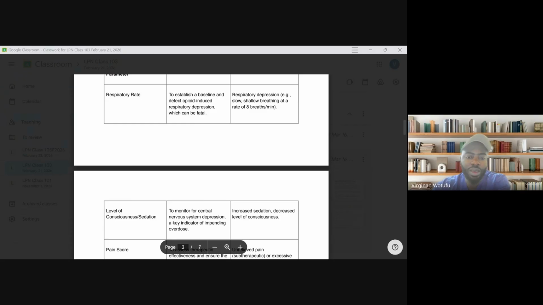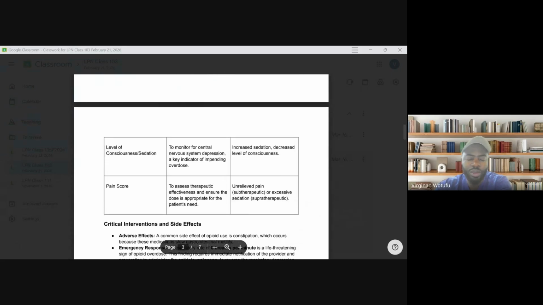And like I said earlier, you monitor for level of consciousness and sedation as well. And the pain score: since the medication is meant to treat moderate to severe pain, you assess the pain score. You check if the medication is attaining its desired effect, relieving the pain, or if the dose is not enough to relieve the pain.